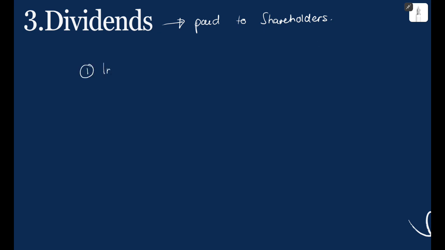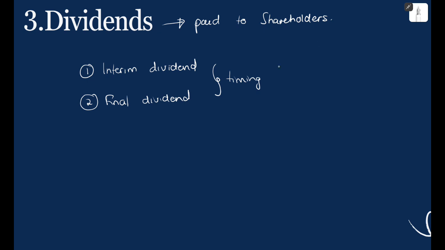We have an interim dividend and we have a final dividend. So what is the difference between these two things? The difference is the timing of these two things. It's the same thing, just paid at different times.